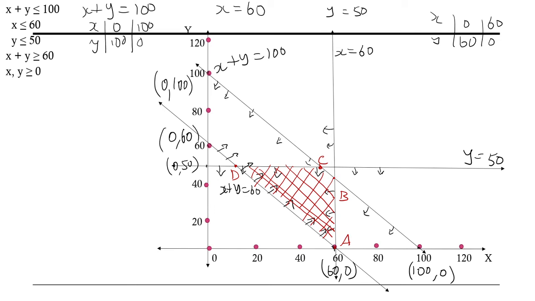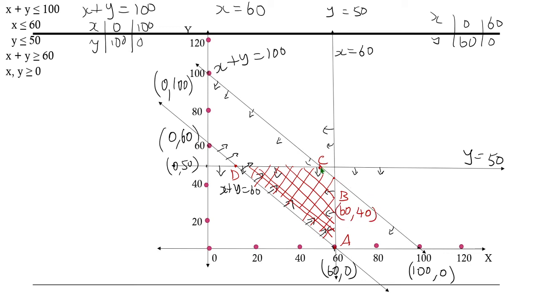It is 60. The y coordinate we can find from this line, x plus y equal to 100. When we substitute x as 60 here, we get y is equal to 40. So coordinates for B is 60, 40.